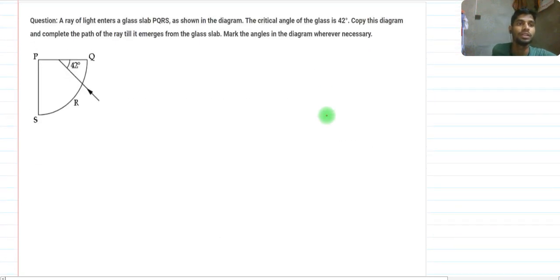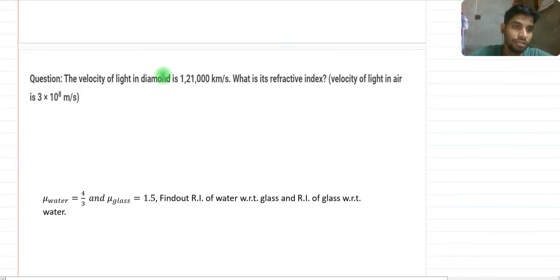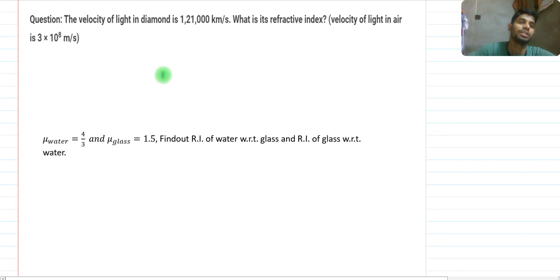Question: a ray of light enters a glass slab PQ as shown in the diagram. The critical angle of, sorry, this is not in our theory. Here the velocity of light in diamond is this much km per second. What is the refractive index? I told you refractive index means μ equals c by v. Here v is given as 121,000 km per second.